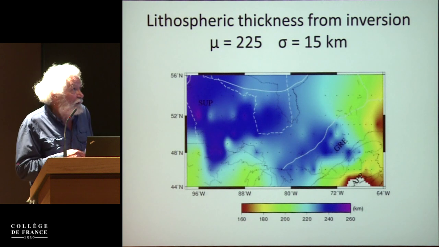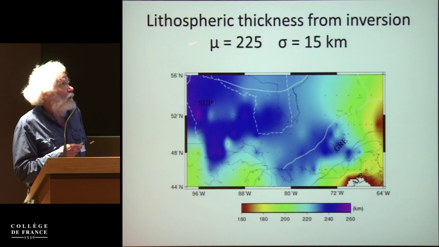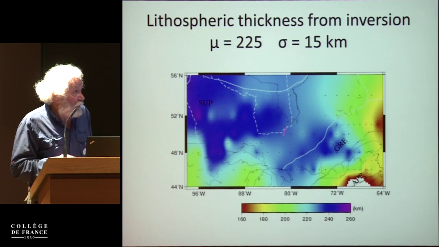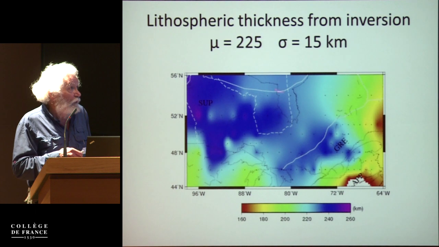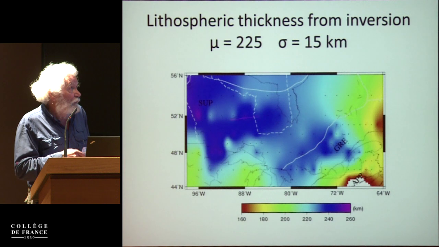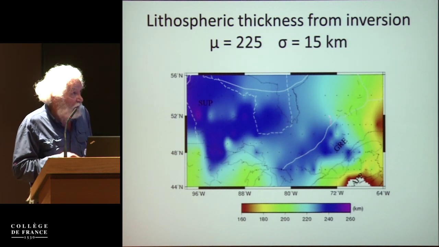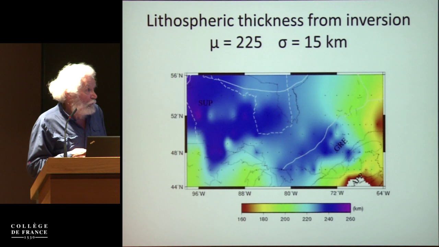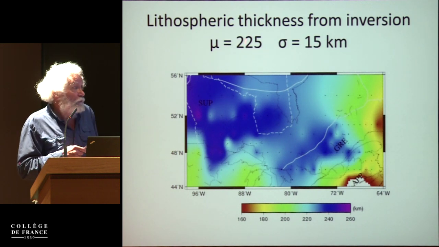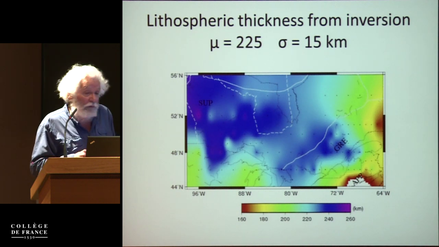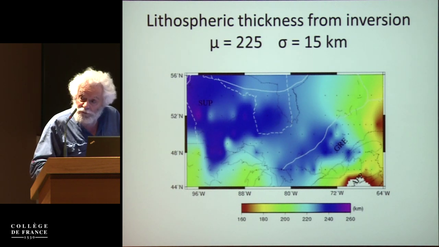Okay. We can also try to determine lithospheric thickness from this type of inversion, and again, we seem to see a thicker lithosphere in the west of James Bay, or the western part of the Superior province, than in the eastern part. The average lithospheric thickness for the Superior province is 225 kilometers, with a very small standard deviation again, plus or minus 15 kilometers.